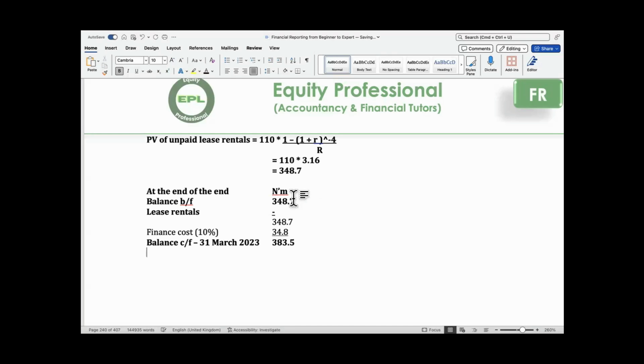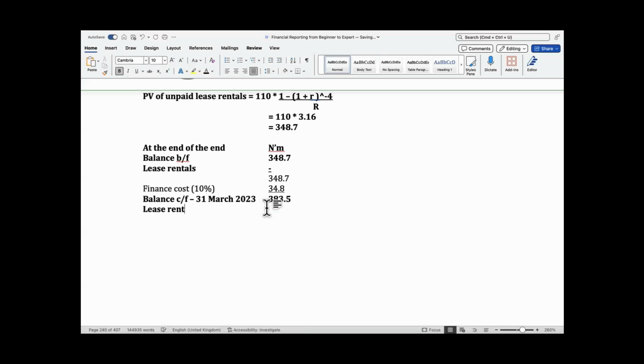Let me do the lease rentals, which is 110 million. What will be the balance here? How much? 273.5. Then my finance costs at 10%, 27.3.